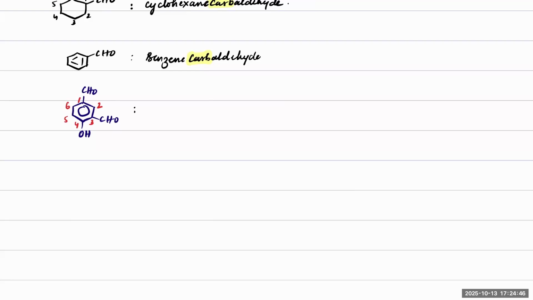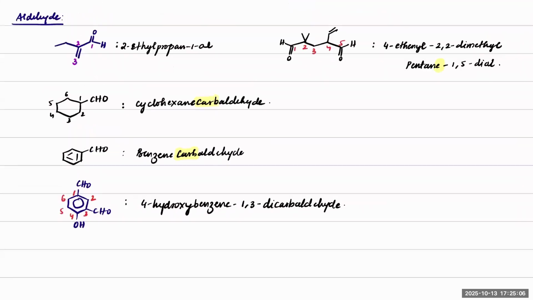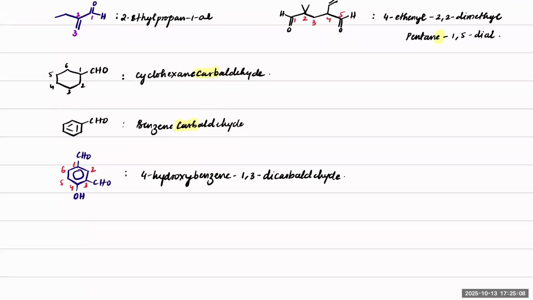So 4-hydroxy. This is the prefix name of OH. Then it is benzene, complete name. After that, I have 1,3-dicarbaldehyde. You cannot simply write it as dial. Here we have to write it as carbaldehyde. Okay. Any doubt?